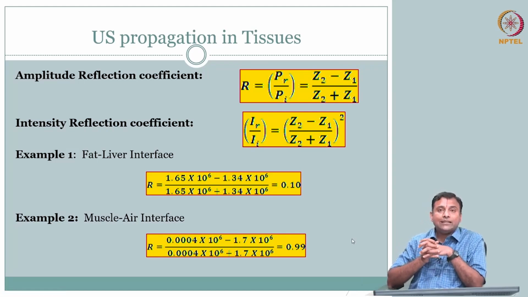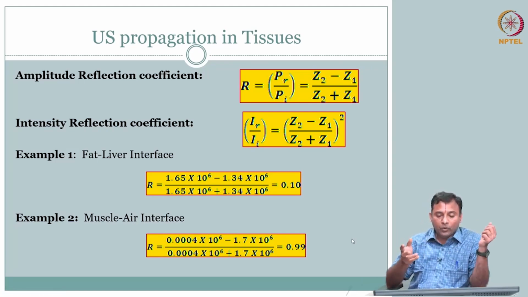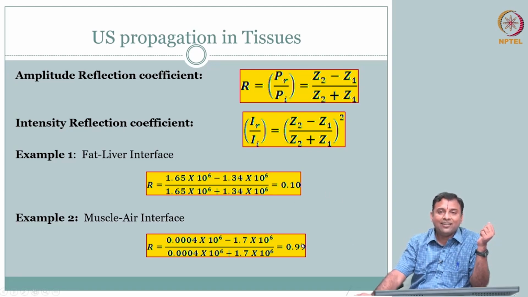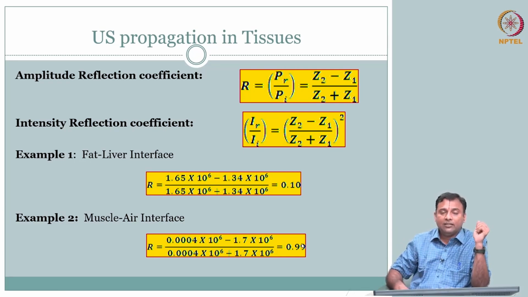So now the question is, one is 0.1, the other is 0.99. What is good, what is bad, what is desirable, what is not desirable, how do we put these numbers that we are seeing into context? There is a good and a bad. So what does that reflectivity say? I send a sound wave in.